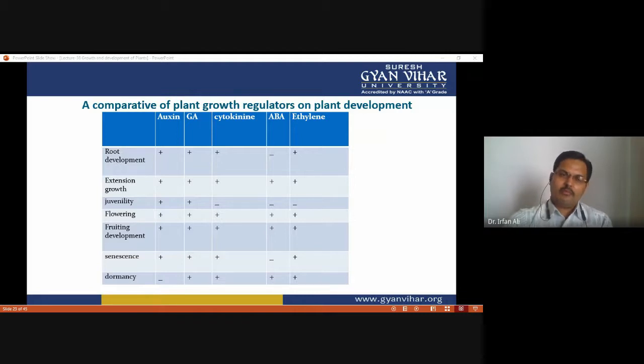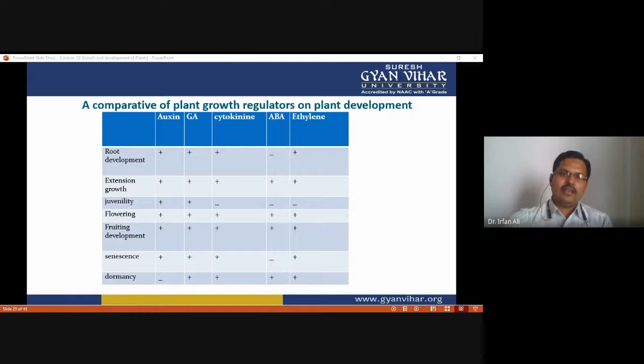Okay, like root development requires the presence of auxins, gibberellic acid, cytokinin, and ethylene. Okay, and shoot growth requires auxin, gibberellic acid, cytokinin, abscisic acid, and ethylene. So this chart shows that all plant hormones are required for overall growth and development.